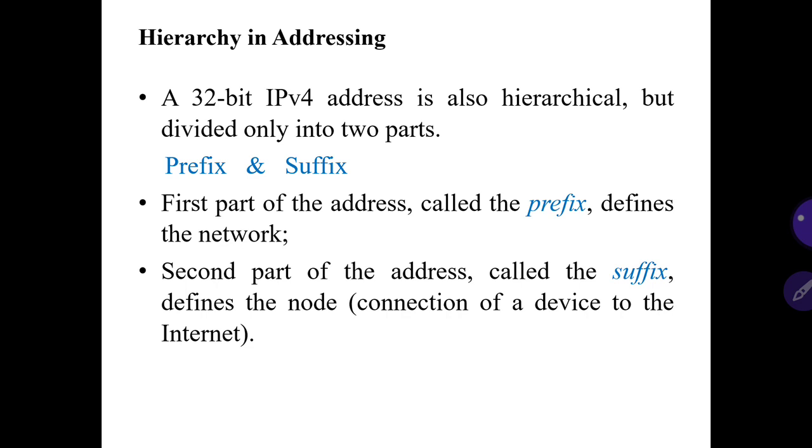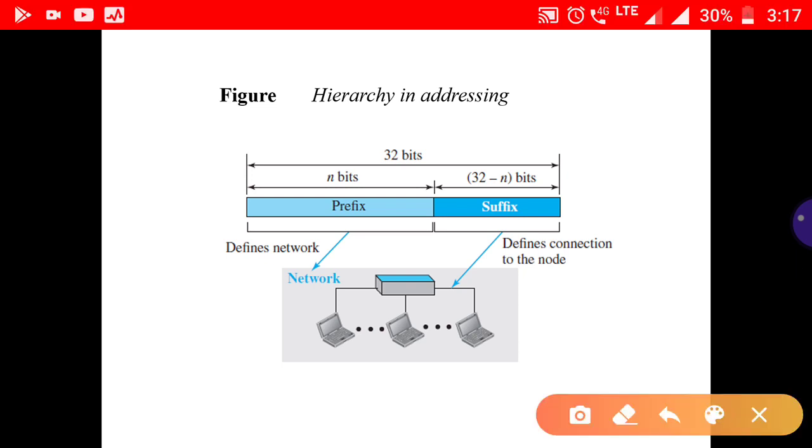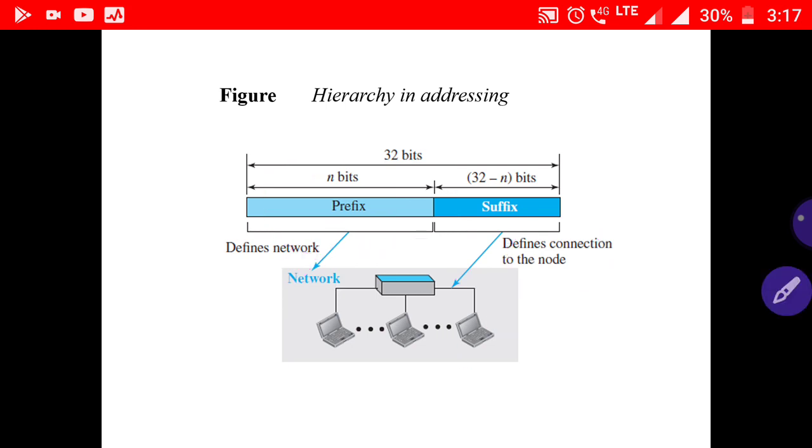So prefixes represent the network address, suffixes represent the host address. It's a hierarchical representation in addressing. If it is a 32-bit IPv4 address and we use n bits for the prefix, then the remaining 32 minus n bits are for the suffix. So the prefix defines a network, and the suffix defines the host or a computer.